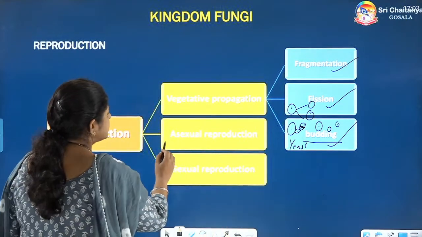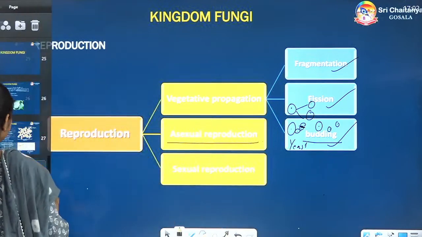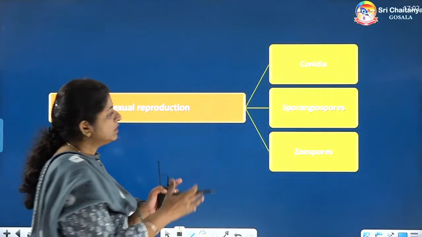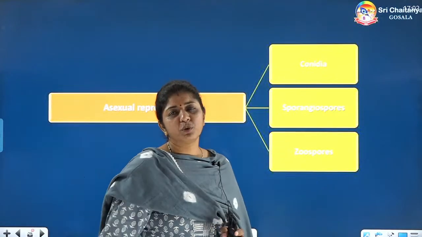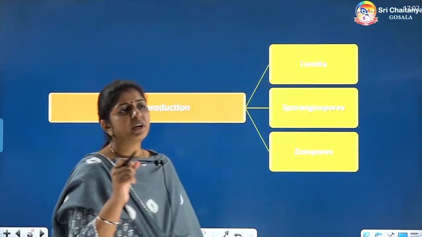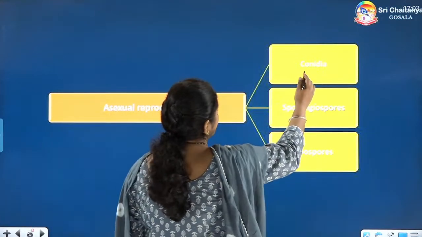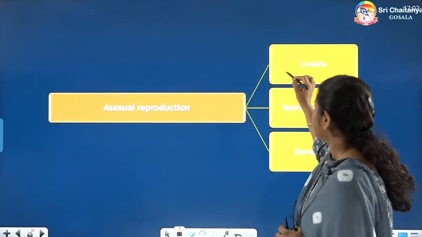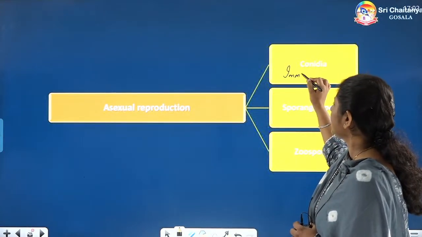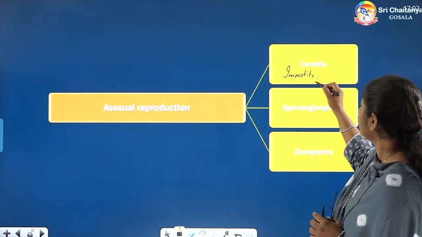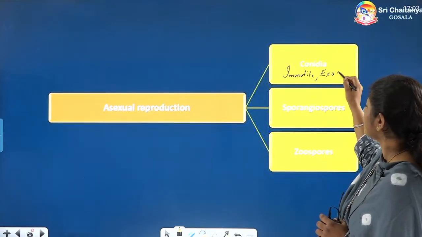Now coming to the asexual means of reproduction, here special structures will be formed, called conidia, sporangiospores and zoospores. Here the very important point, please focus everyone, is that the conidia are immotile. Immotile means they cannot move, and they are exogenous.